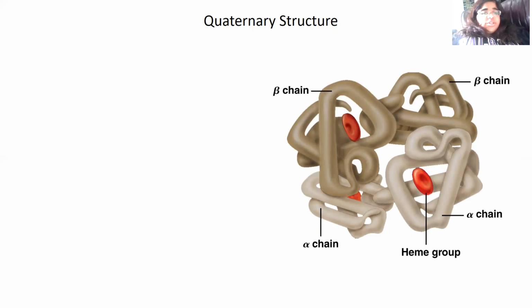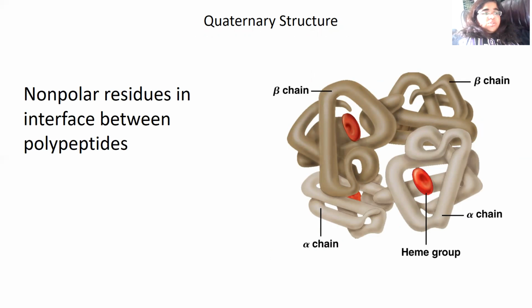Now we have the quaternary structure, which is pretty much with nonpolar residues going in the interface between polypeptides. Essentially you have multiple polypeptides, they come together, and they keep the nonpolar residues inside. So remember what we said about nonpolar amino acids. They are hydrophobic, right? So when you have a hydrophobic molecule, it tends to go inside.